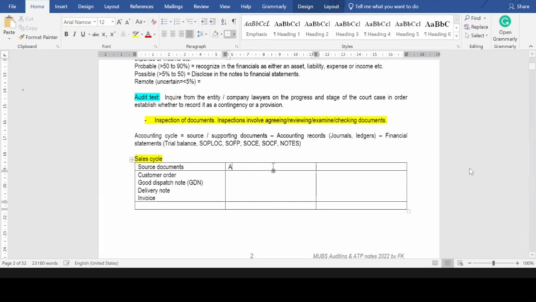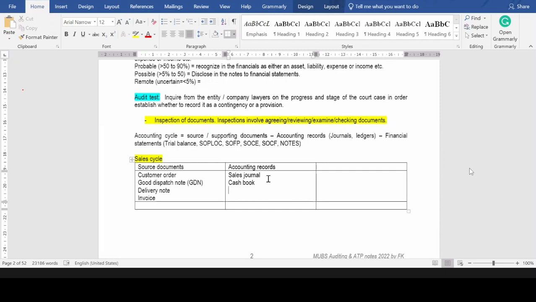When you come to the accounting records, we have the sales journal for the credit sales. We have the cash book for the cash sales.